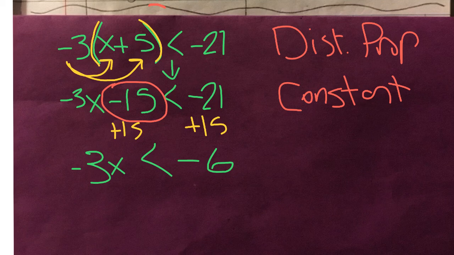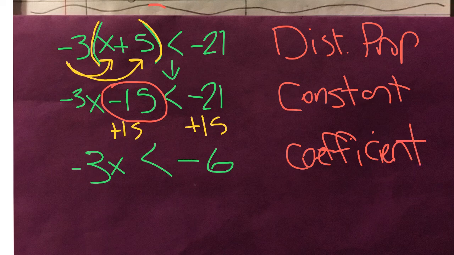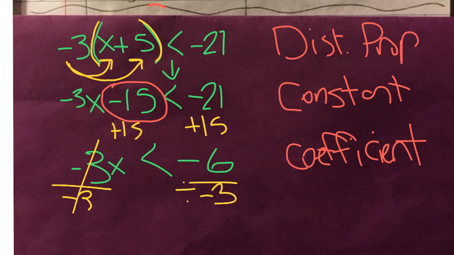Now, my next step, I got rid of the constant, so I need to get rid of the coefficient. I can't have that negative 3 there. I need that x by itself. So I'm going to read this as negative 3 times x, so I'm going to do the opposite. So I need to divide by negative 3 and divide by negative 3. What I do to the left, I have to do the right. That gets rid of all that except for the x.